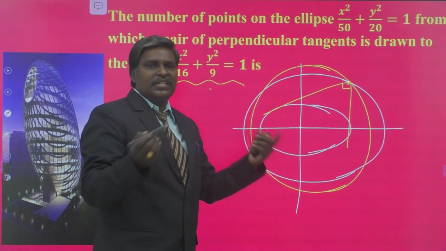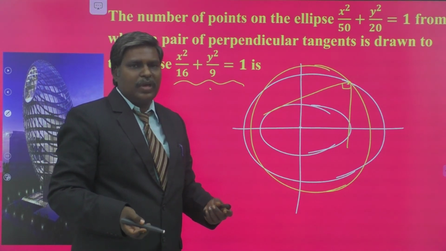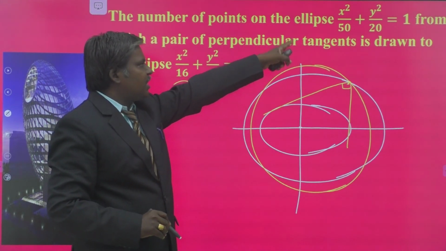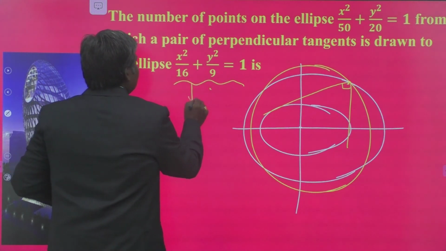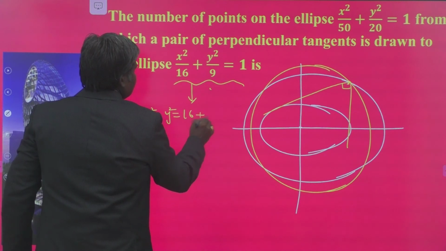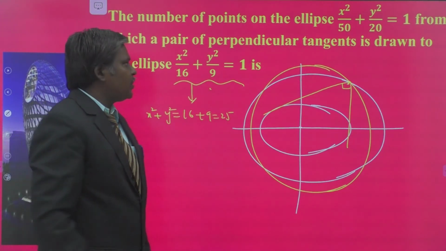One is the director circle, x square plus y square equals a square plus b square, and the other is the given ellipse. What is the director circle of this curve? x square plus y square equals 16 plus 9, that is 25. x square plus y square equals 25.